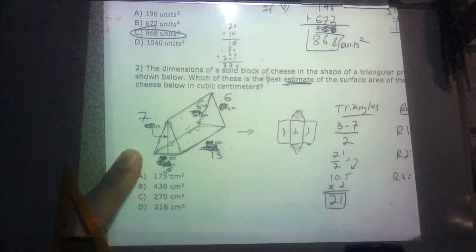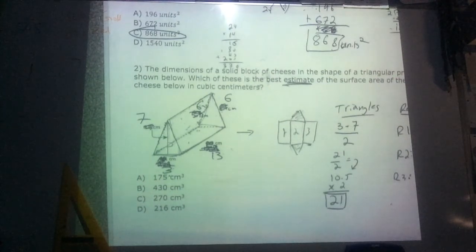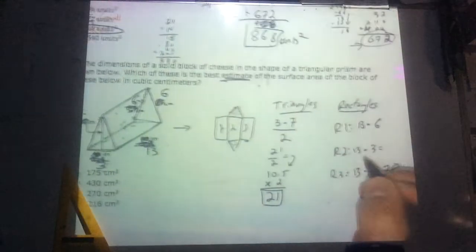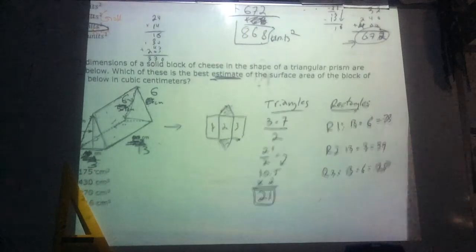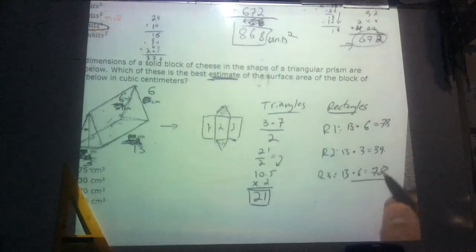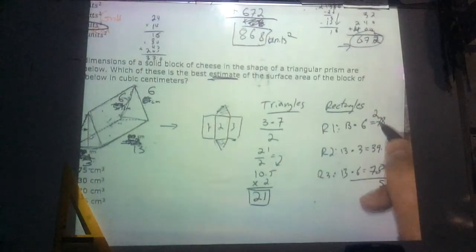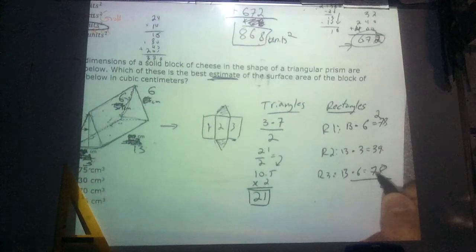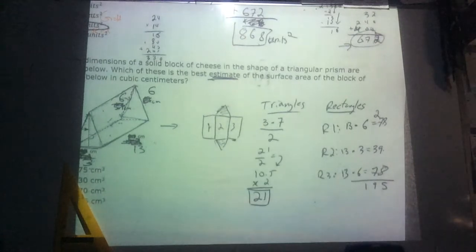13 by 6. And 13 times 6 is going to be 78. 13 times 3 is 39. 13 times 6 is also 78. Add these together. 8 plus 9 is 17. Plus 8 is 25, so 5, carry the 2, 9, 12, and 19. 195.